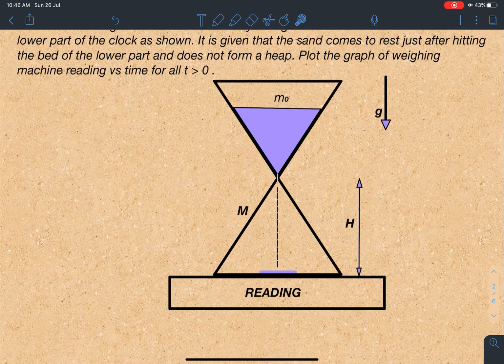We can feel that the reading is going to decrease. The weight is going to decrease because some part of the sand is in mid-air. So logically the reading should decrease. Then we have to see what exactly is going to happen when the first sand particle hits this bed. So let's start.